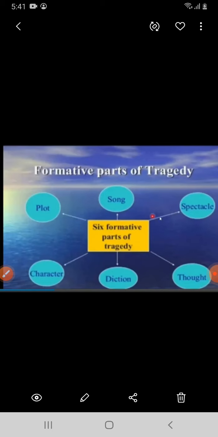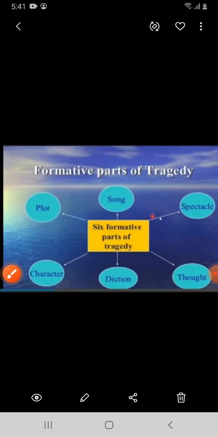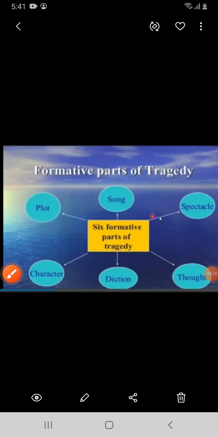we can easily come to know that first of all, this is plot. Secondly, this is character. And thirdly, this is thought. These are known as the object of imitation in a tragedy. Then song and diction are the two components that present the medium of imitation in a tragedy.